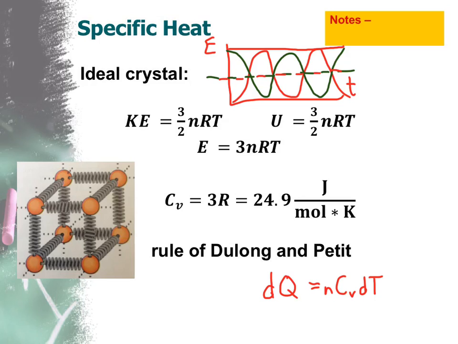Now, to convince you of that, I can take you back to a mass on a spring. If we plotted energy versus time for a mass on a spring, we know that the kinetic energy might do something like this. It might go up to its maximum total energy, come back down to 0, go back up to its maximum total energy, and go back down to 0. The potential energy is 180 degrees out of phase with that.